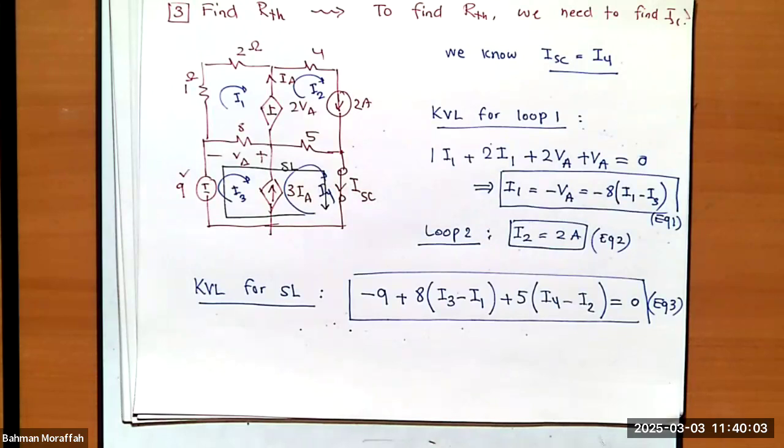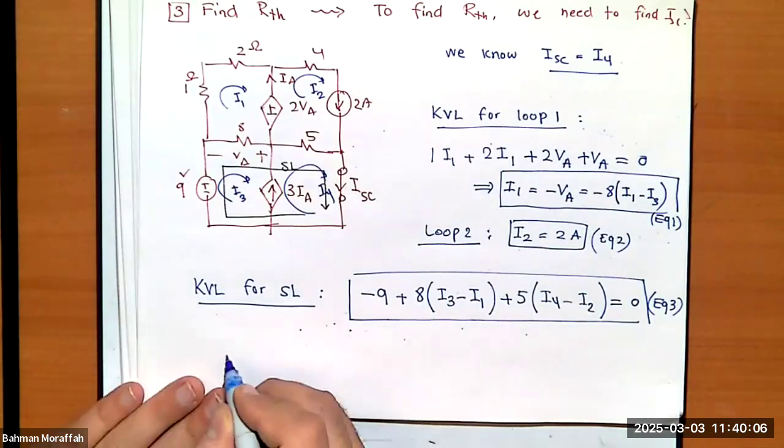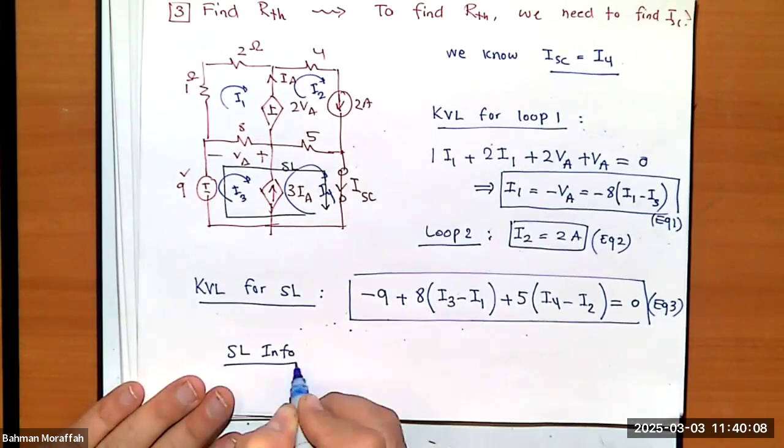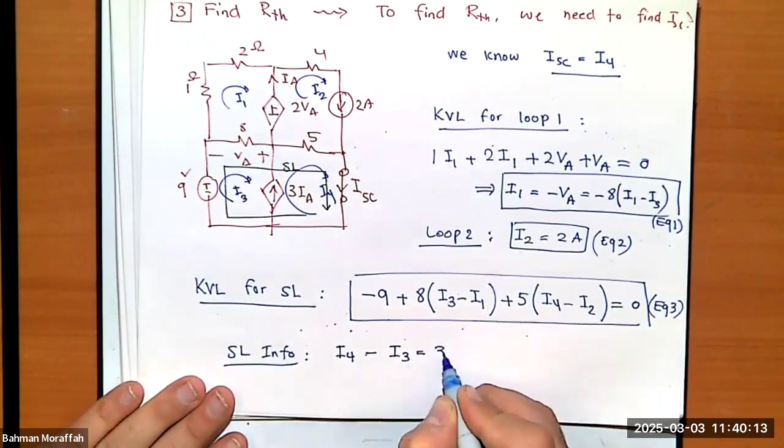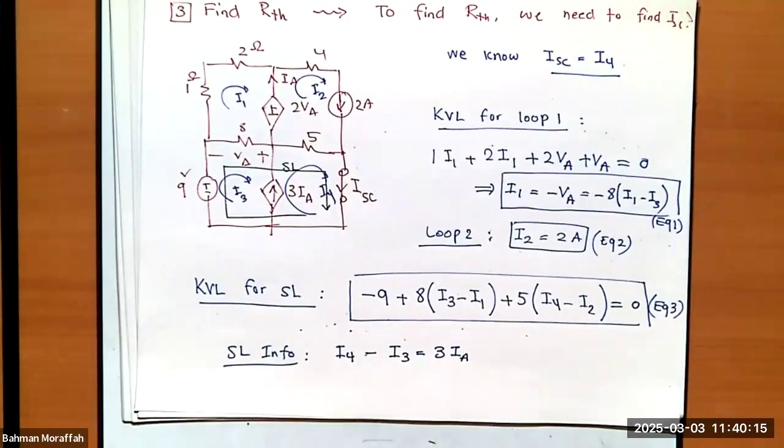So I have super loop information, which tells me I4 minus I3 must be 3IA. Again, I have an unwanted variable IA. I got to write it in terms of the variables I care about. What is IA? IA is current through that dependent voltage source. What is it? What is IA? That's exactly I2 minus I1.